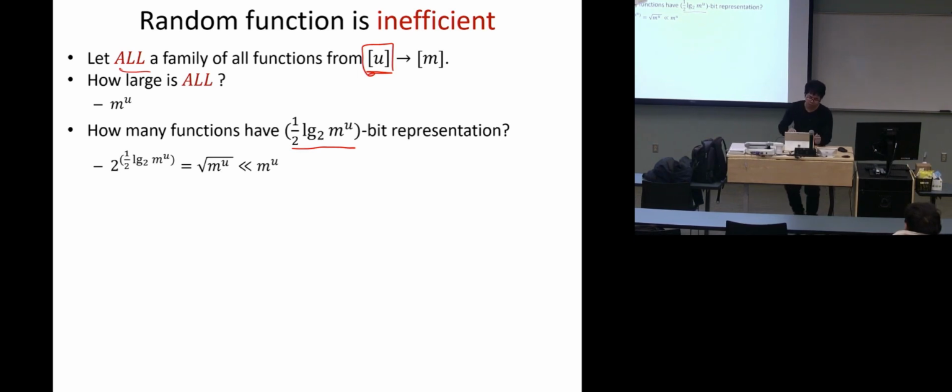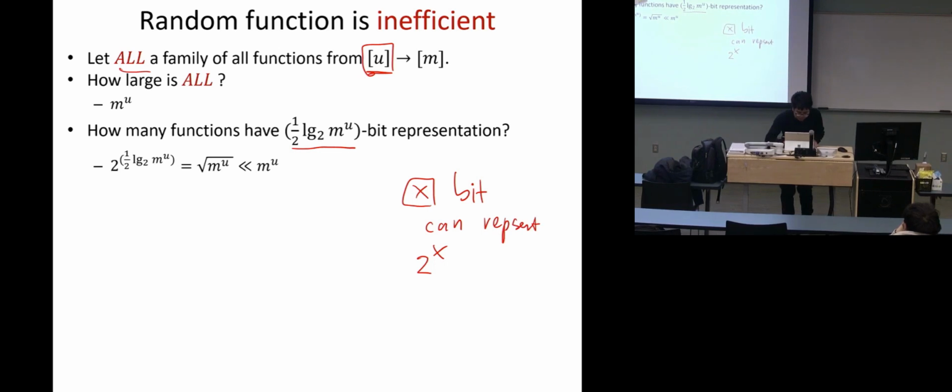So if you have X bits, no matter what, you can represent 2 to the X many different things, because you have X bit strings.